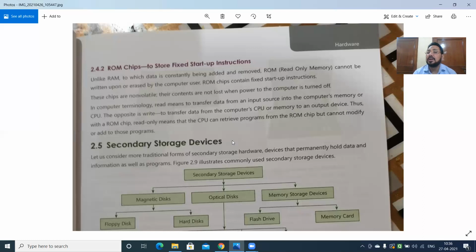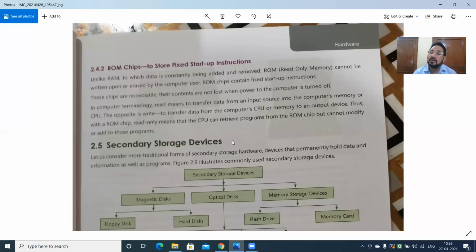A ROM chip has the BIOS program, the basic input output system. In the ROM chip we can only write data once. Once written, you cannot rewrite it. At the time of manufacturing, ROM chips are sealed.